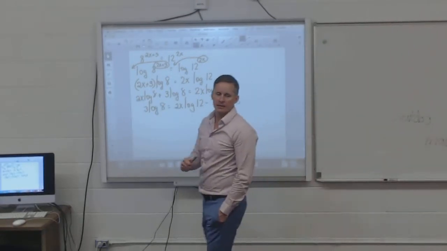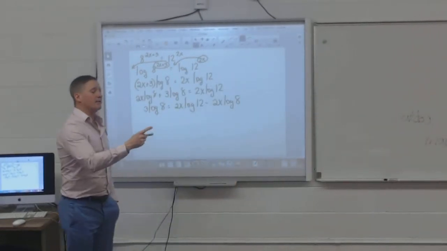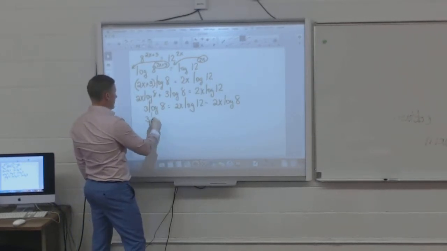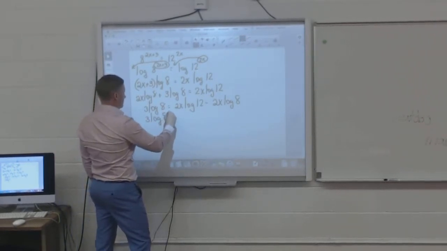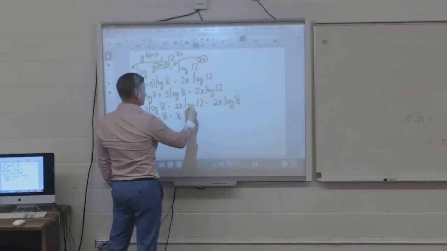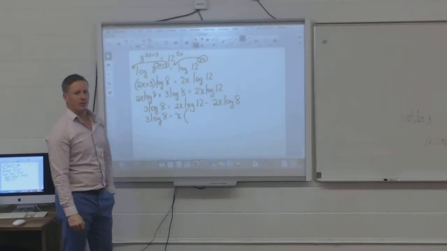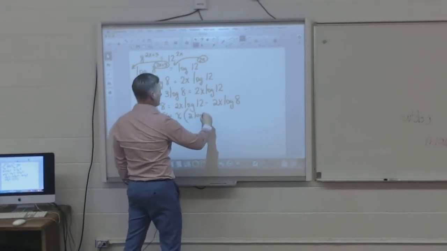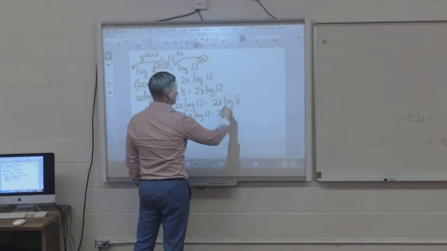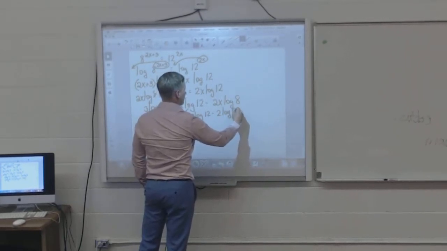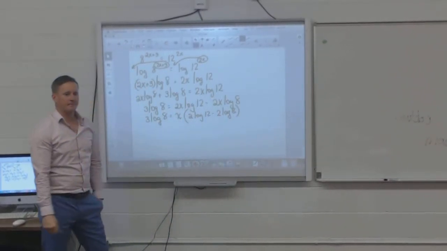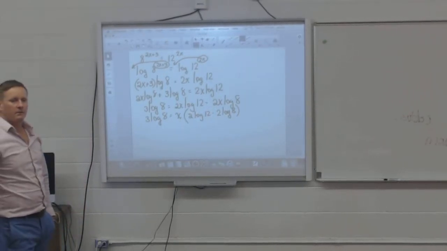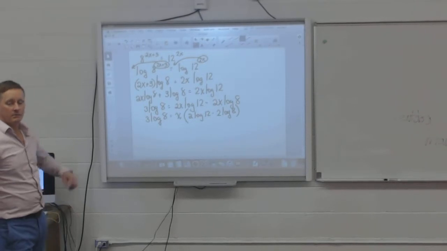Well, I'm going to do the same thing, except I'm going to leave the 2's in. So I get 3 log 8 is equal to x. I'm going to factor 1x out of both of these. So I take the x away from there, I'm left with 2 log 12 minus 2 log 8. Everybody see that? Anybody not see it? Not sure?